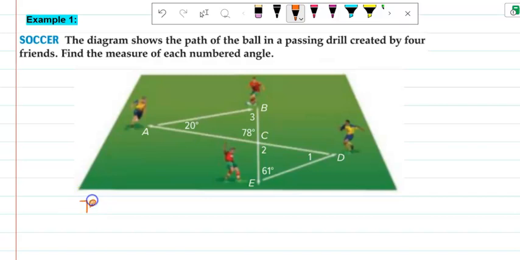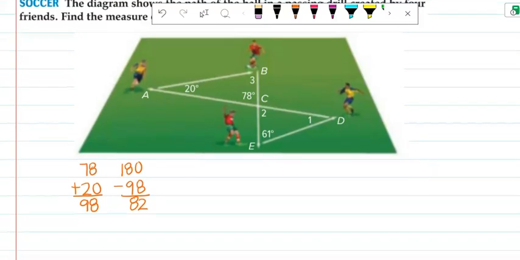So if we add 78 and 20 together, we'll see that that's 98. When we subtract that from 180, we're left with 82. So that means that the measure of angle 3 is 82.